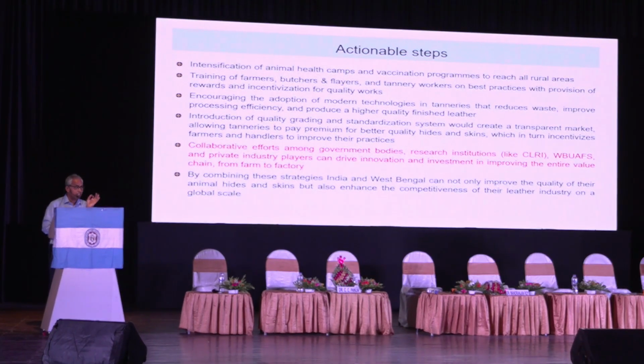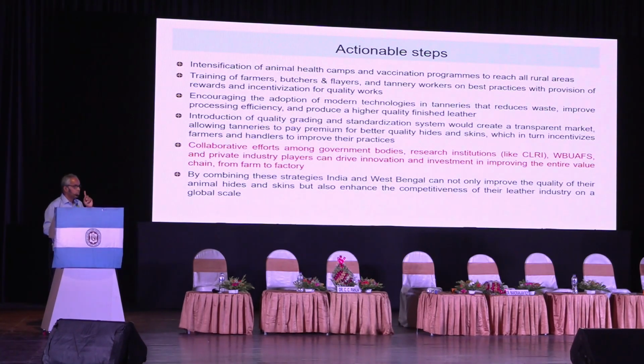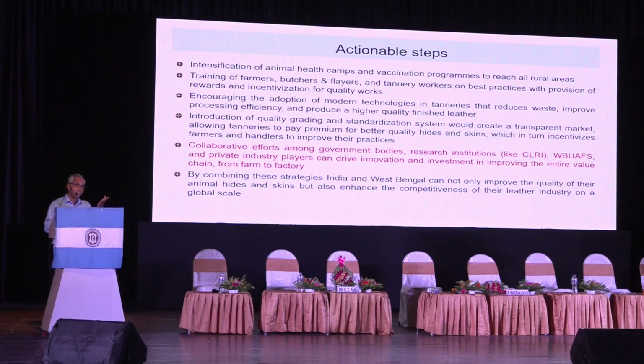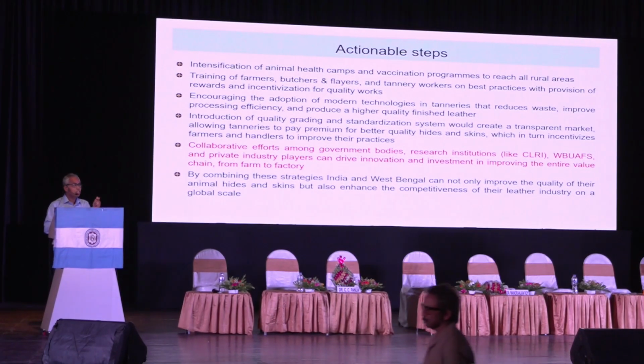This is the vital part for producing quality skin. Second point, training of the farmers. Sir has already told earlier. Farmers are producing the animal, and ultimately the raw material skin will be obtained from the farmers. That's why education of the farmers.